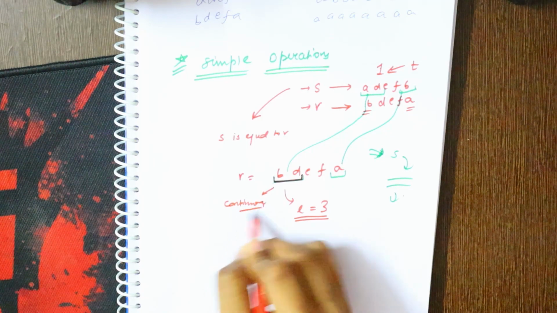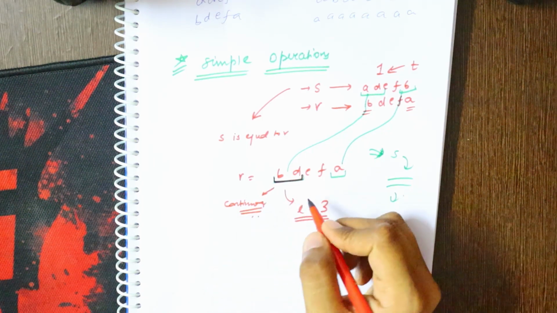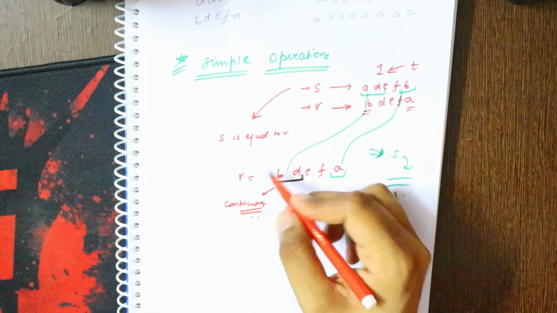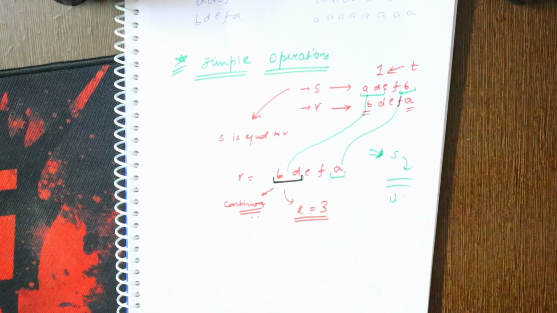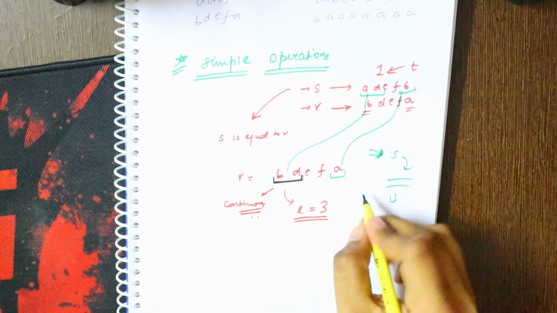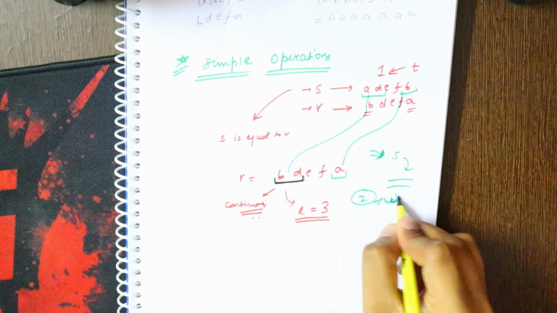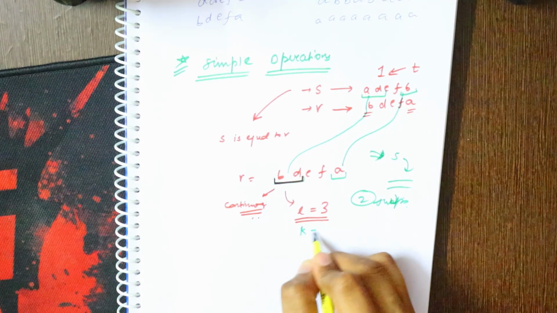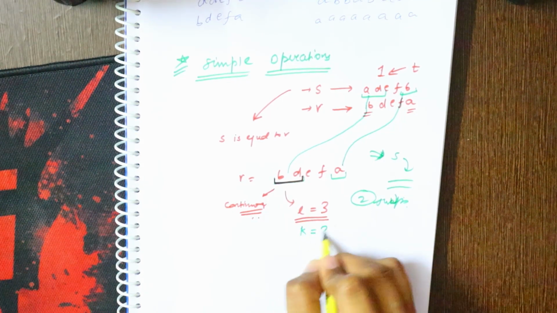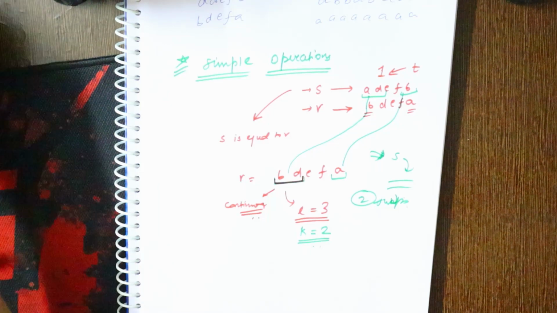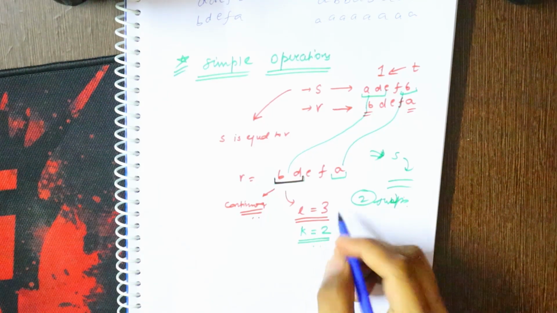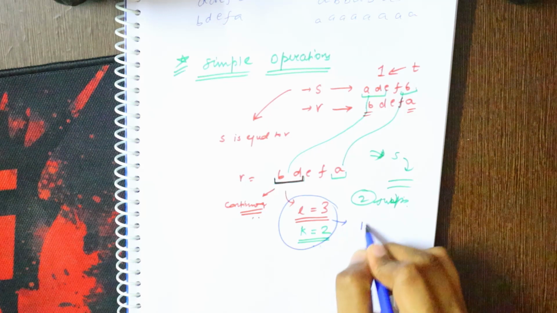If I do one swap and another swap, in total I have to do two swaps, which gives the value of k, another variable, and it is 2. Understand? So we need to minimize this k into L.